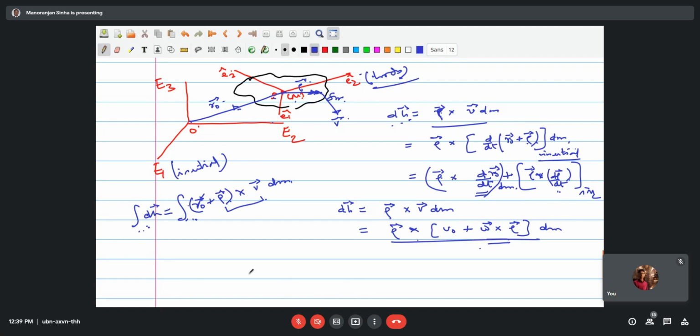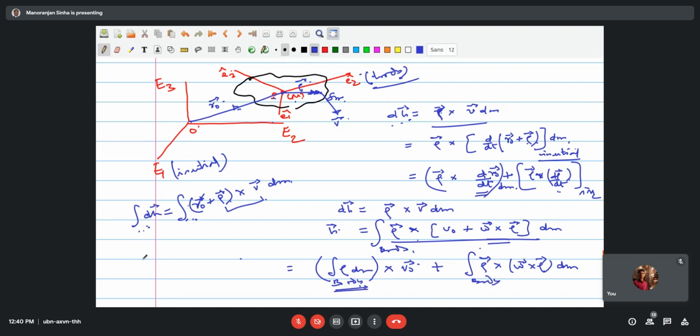So using this then, if we integrate it, h can be written as, and this integration will range over the whole body. So rho dm over the whole body cross v0 dm over the whole body.